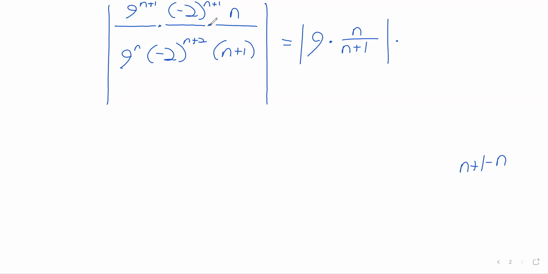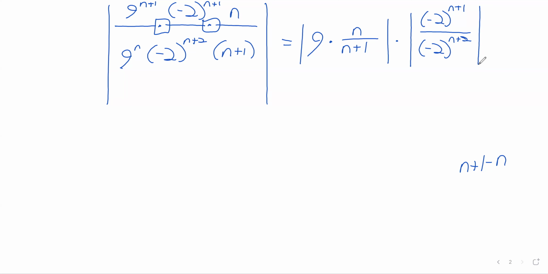When we're multiplying absolute values, we can break them apart. The absolute value of a product is the product of the absolute values. The absolute value of a quotient is the quotient of the absolute values. That is not true for addition and subtraction, but we don't have addition and subtraction.